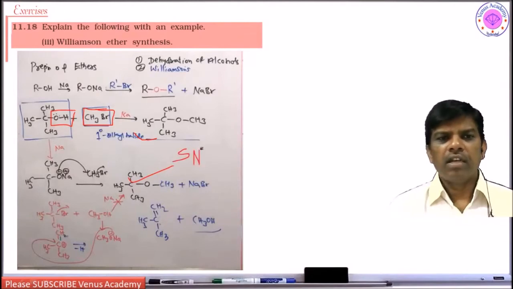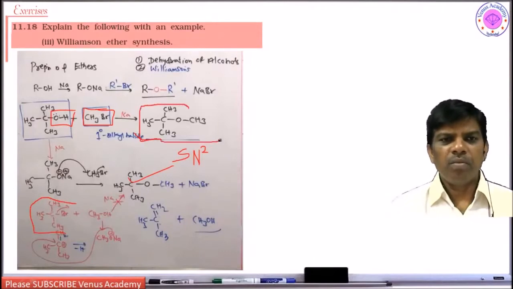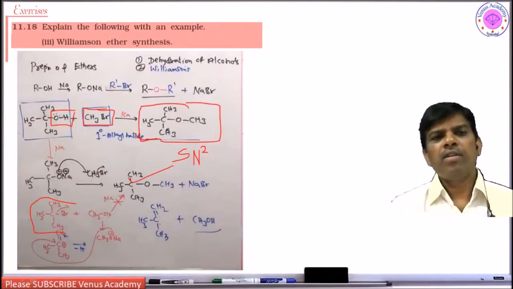So it is SN2. SN2 is going to take place in Williamson synthesis. However, there are drawbacks. What are the drawbacks? You may not use a tertiary alcohol part or tertiary group in this ether to make methoxy tertiary butyl ether.